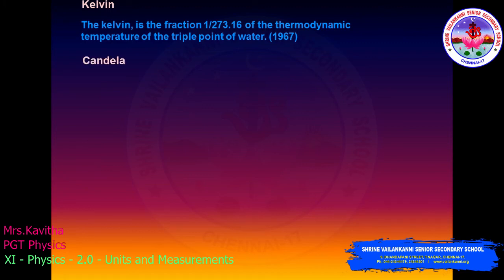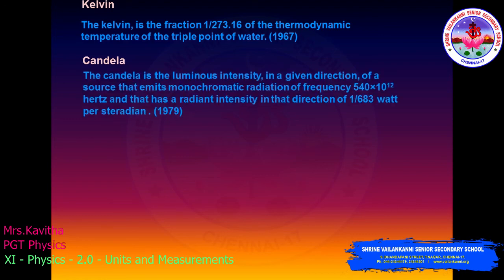Kelvin: the Kelvin is the fraction 1 by 273.16 of the thermodynamic temperature of the triple point of water. Candela: the candela is the luminous intensity in a given direction of a source that emits monochromatic radiation of frequency 540 times 10 power 12 hertz and that has a radiant intensity in that direction of 1 by 683 watt per steradian.